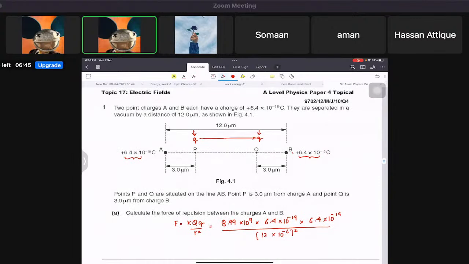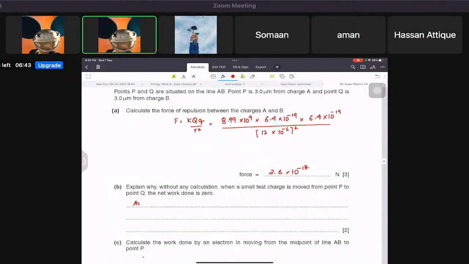So we're going to say as both charges are of same charge and sign, the change in potential will be zero from moving P to Q, right?